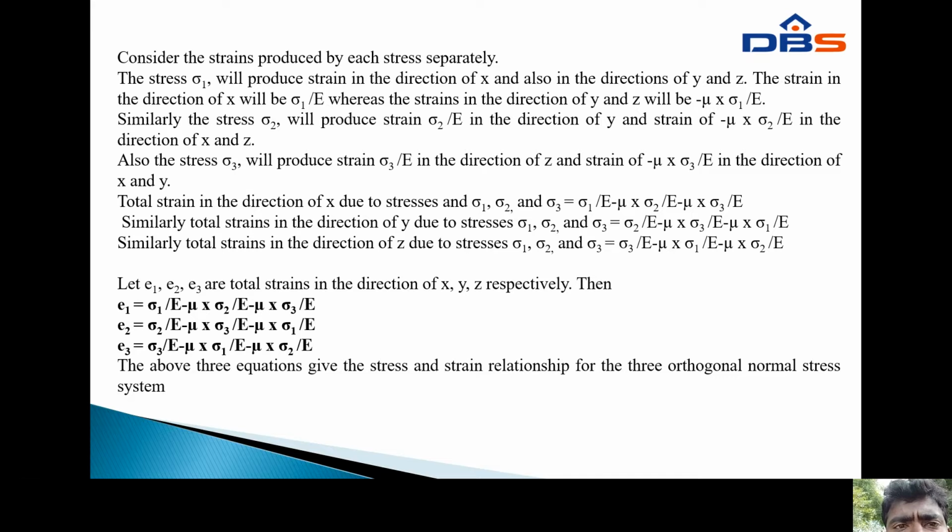Okay, now let e1, e2, e3 be the total strains in the direction of x, y, z respectively.